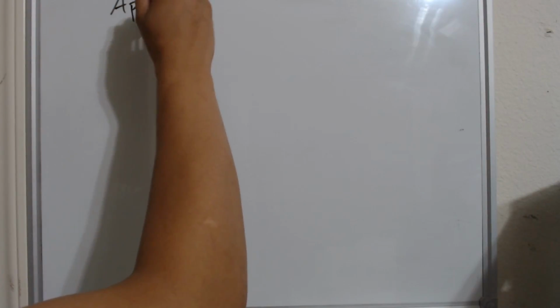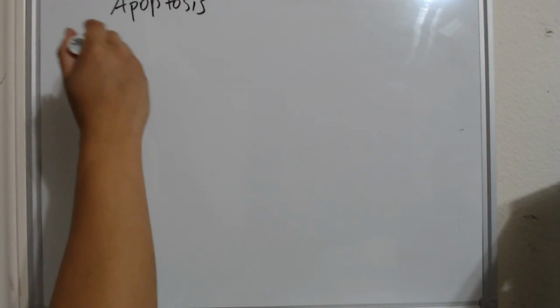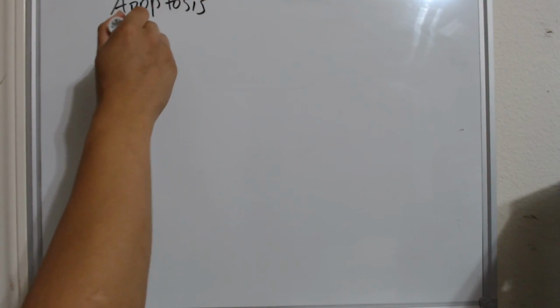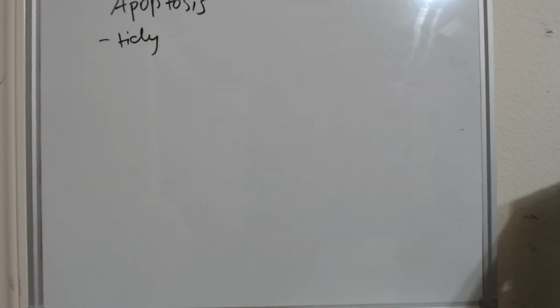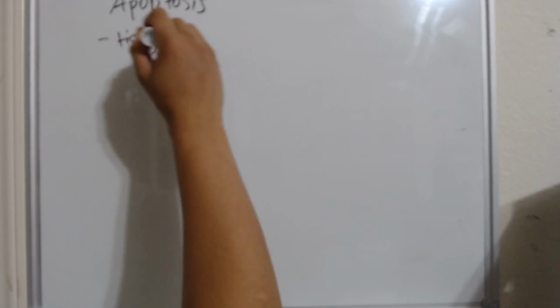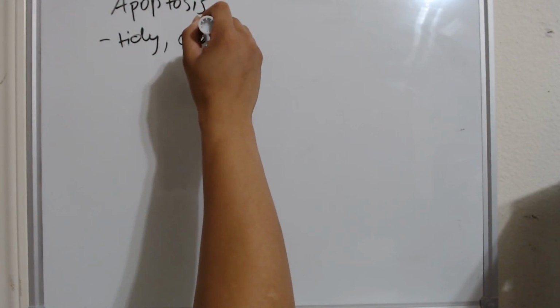And then the last thing we learned today is apoptosis, which is programmed cell death. So apoptosis is tidy, clean. Wow. I'm looking through my notebook and there's quite a bit that we learned. Whatever. Tidy, clean, clean death.